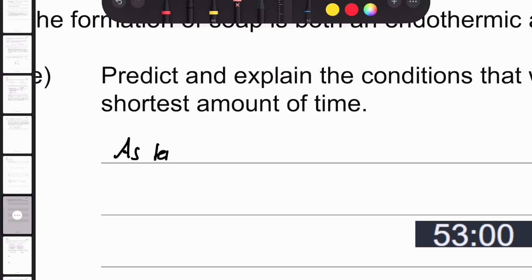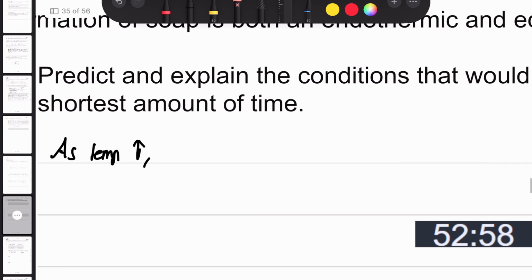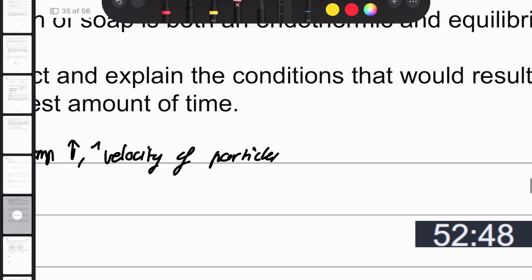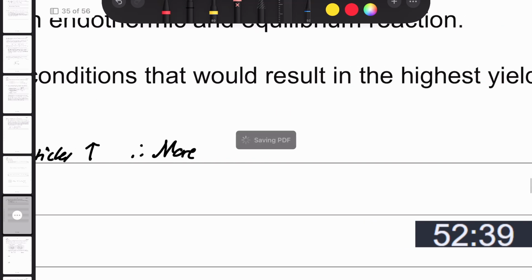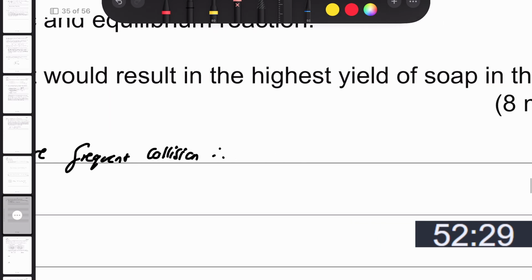As temp increases, velocity of particles and average kinetic energy increase, therefore more frequent collisions, therefore reaction rate will increase.